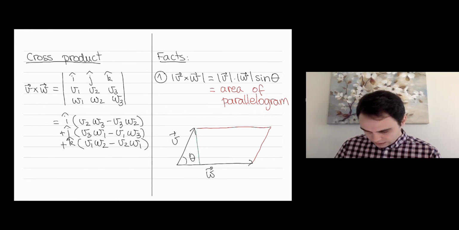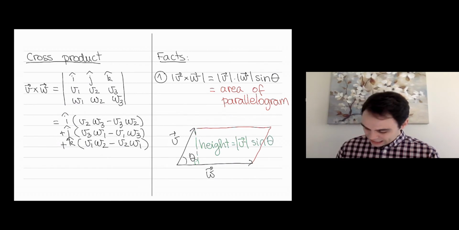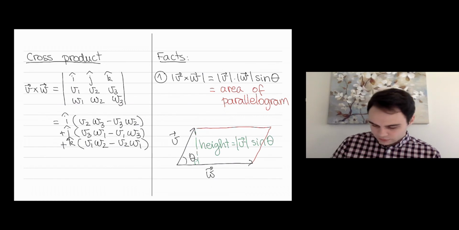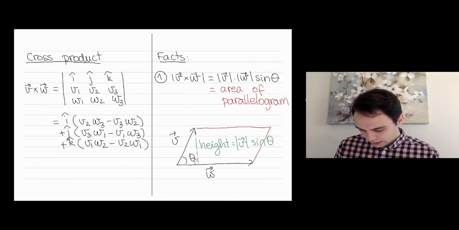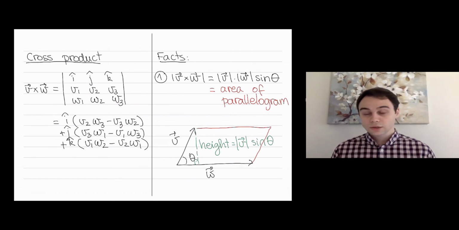Let me draw it dashed like this. So the height is the length of V times sine theta, and the length of W gives you the base. So we're multiplying the length of the base times the height, and this gives us the area of the parallelogram. All right, so now we have a good understanding of the length of the cross product.